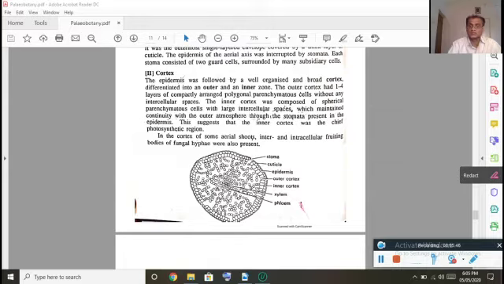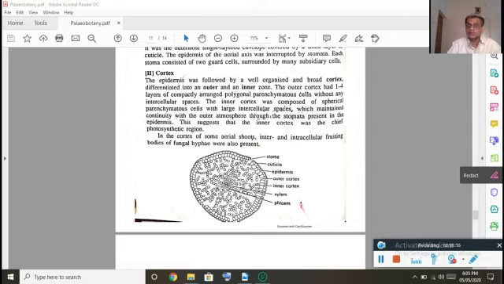Next is cortex. Cortex is made up of parenchymatous cells. However, a few cells just below the epidermis are compactly arranged and somewhat bigger in size. Next to that layer, almost all the cells of the cortex are small, spherical and loosely arranged, with very clear intercellular spaces.